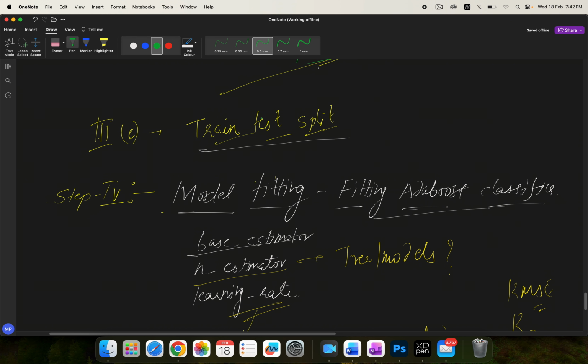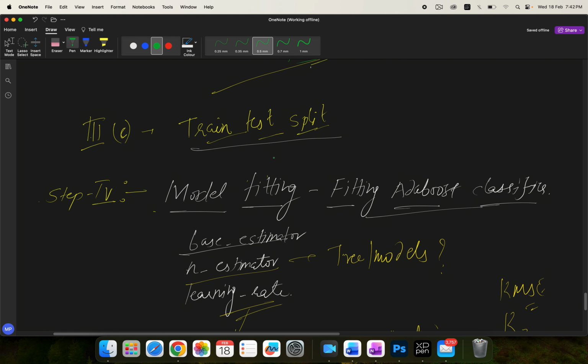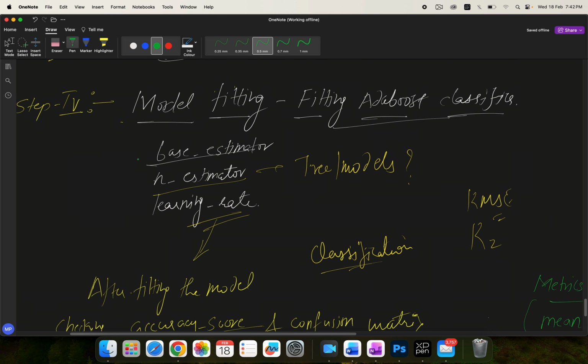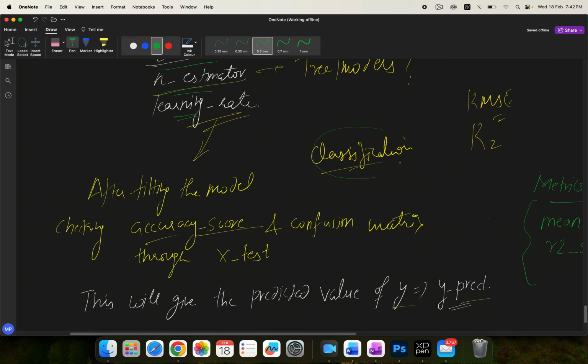After this, we will perform a train test split, and after that model fitting. For model fitting, we have certain parameters. The first one is the base estimator, the second one is the number of trees or models we have to make, and the third one is the learning rate. For classification, we have to find the accuracy score and confusion matrix.